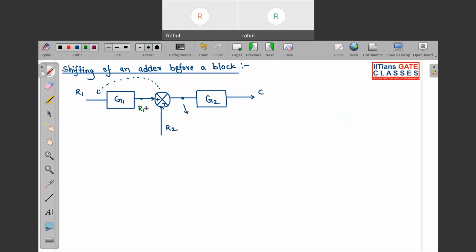This will be R1G1 plus R2. And over here this will be equal to G2 times (R1G1 plus R2). Now after taking this over here, nothing should change. Okay, so look what to do.